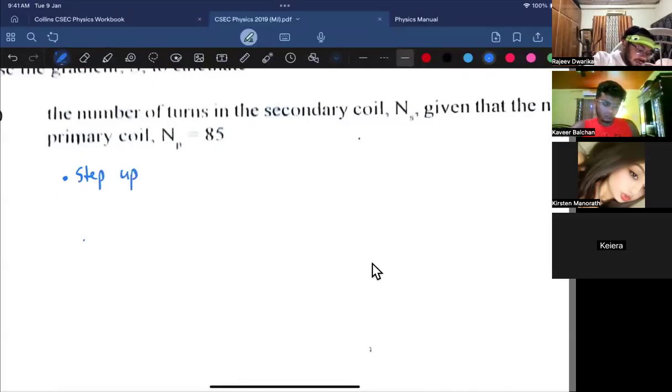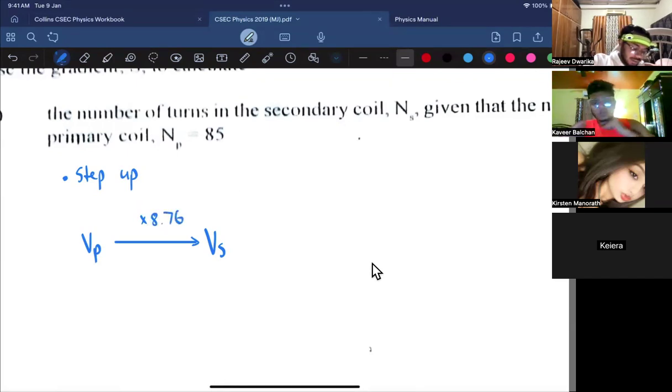So if I want to go from the primary voltage to the secondary voltage, we found the gradient. What do you have to multiply the primary by? The gradient. Right, because the gradient represents the ratio of turns. So what's the gradient? 8.76.